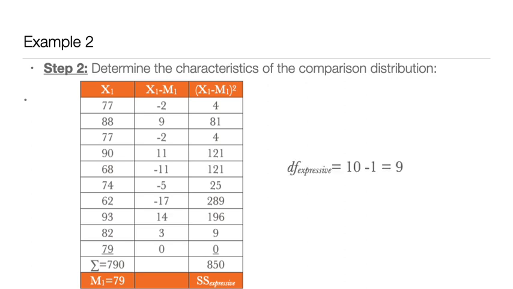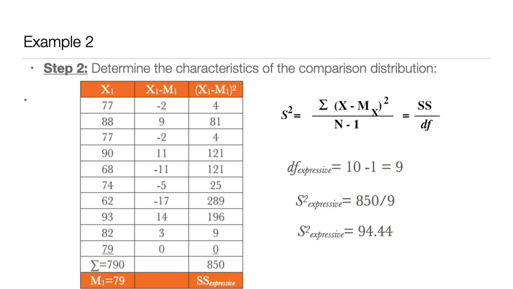Our degrees of freedom for expressive is 9. Our variance will then be 94.44. Again, using our sample variance formula, sums of squared divided by degrees of freedom. We had our sums of squared for the expressive group of 850 divided by our degrees of freedom expressive, which is 9.